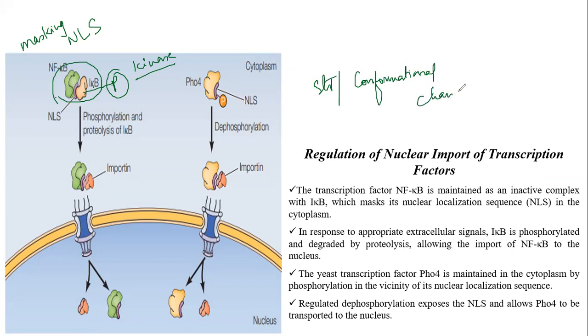Because of this conformational change, it loses its affinity towards the NF kappa B. Now your NLS is getting exposed. Once it is exposed, the importin comes, binds and takes it inside the nucleus. So this is one type of regulation.